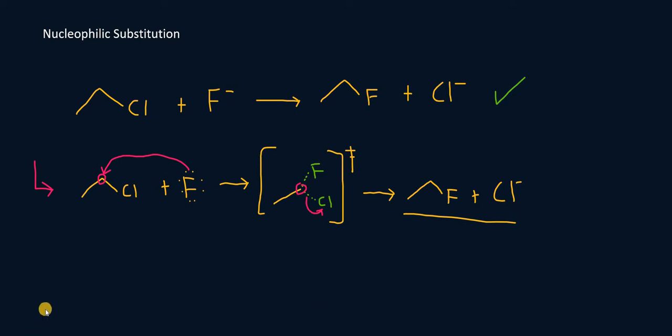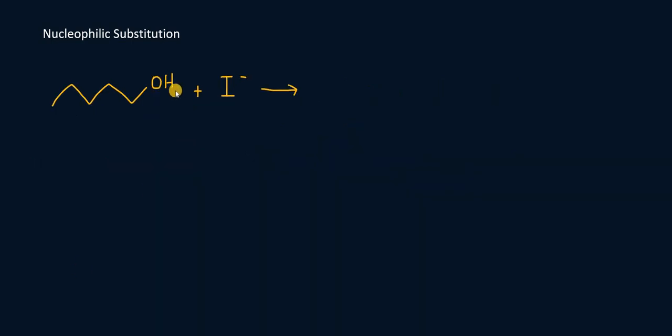So let's look at another example of one of these nucleophilic substitutions. Okay, so here we have this molecule here and I-. And the question is, predict the products of this reaction. So we're not worried at this point whether this actually moves forward or not.